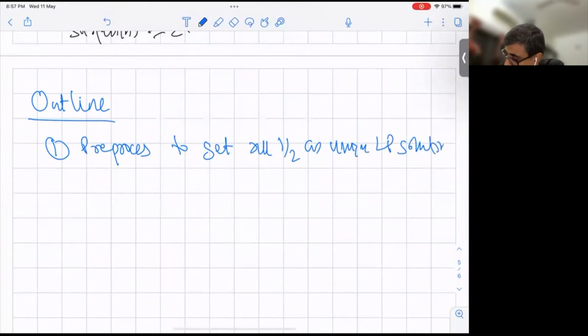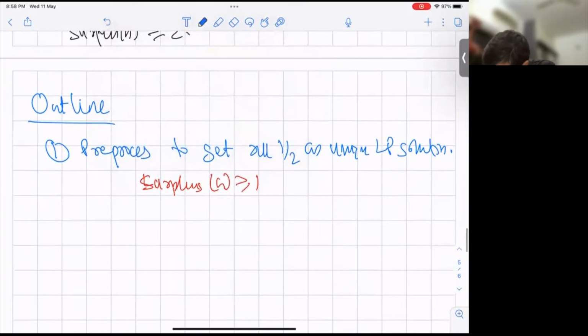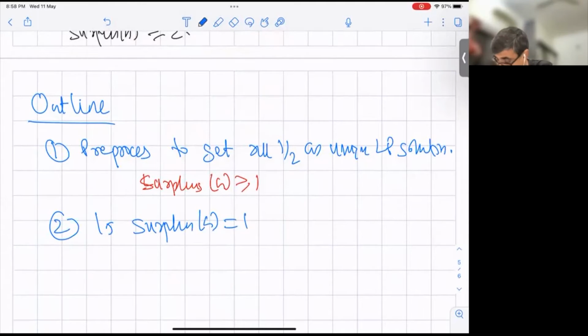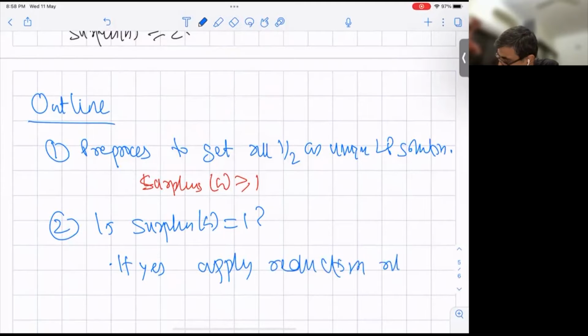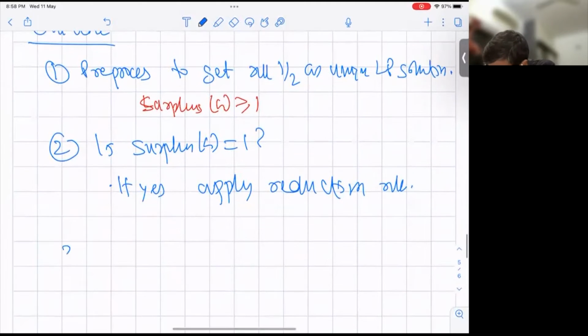Once we reach this, we know that surplus of G is at least 1. Then I will check: is surplus of G equal to 1? If yes, apply the reduction rule. And the third step will be to branch.